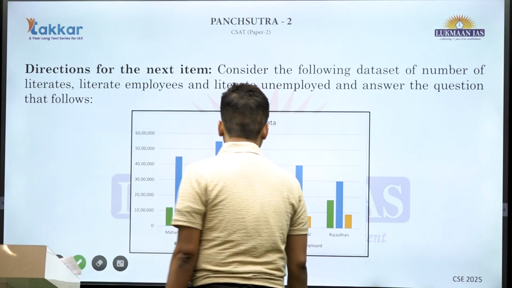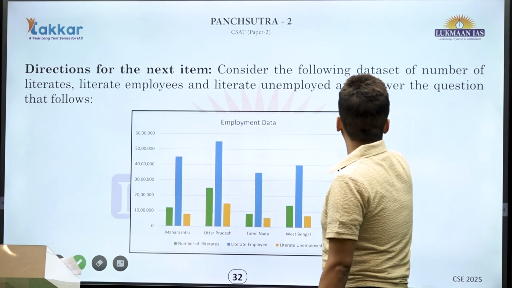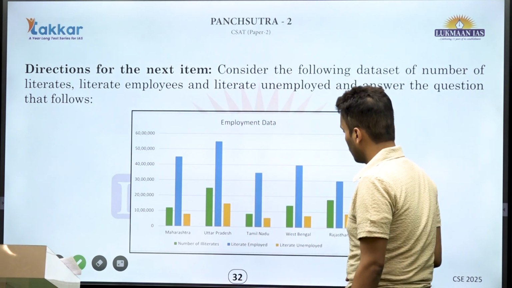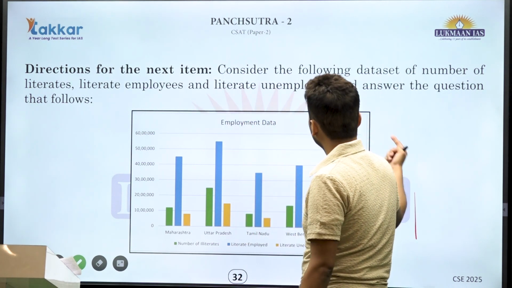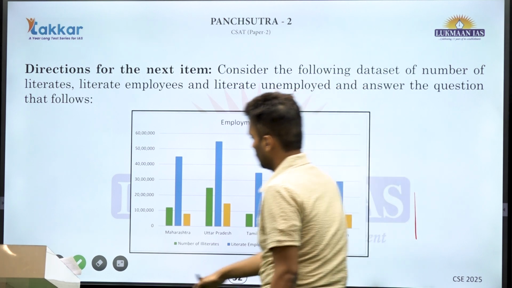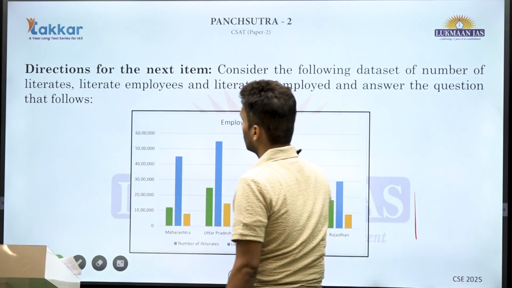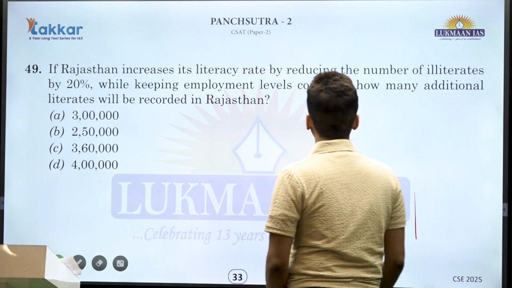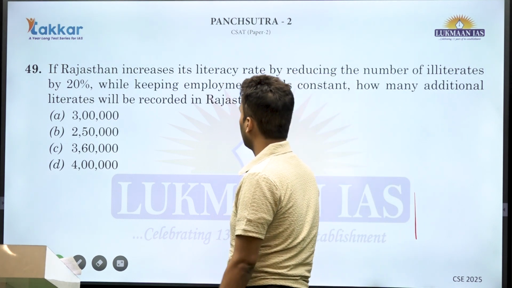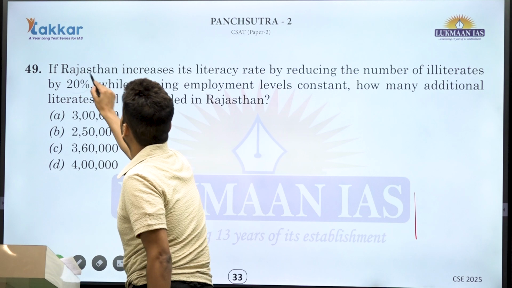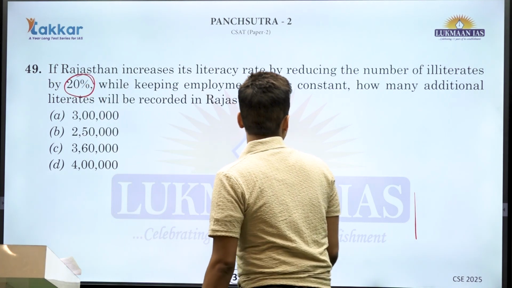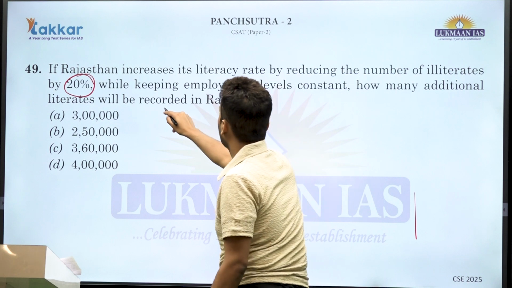Okay, now here we are given a graph. The number of literate employed, unemployed, and illiterates are given in the question. If Rajasthan increases literacy by reducing the number of illiterates by 20%, while keeping the employment level constant, how will the additional literates be recorded in Rajasthan?